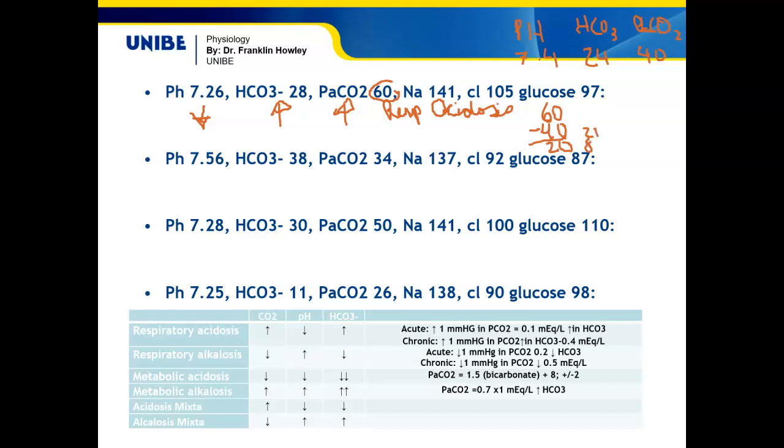I add those two numbers to 24, the normal bicarbonate level. So 24 plus 2 equals 26, and 24 plus 8 is 32, each plus or minus 2. So between 24 and 28 is an acute respiratory acidosis, and between 30 and 34 would mean the respiratory acidosis is chronic.